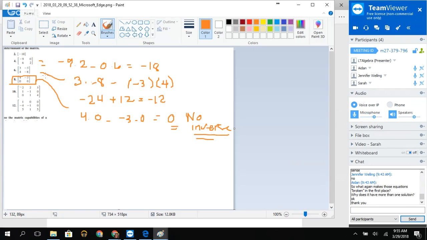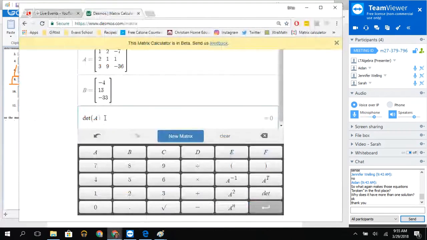Oh, and just really quickly, you don't even need a matrix calculator for this, but there is a button on there that says determinant of A, same thing in your calculator.